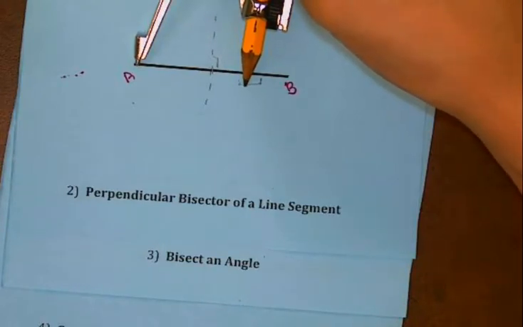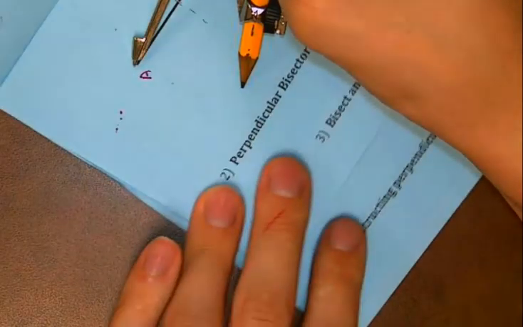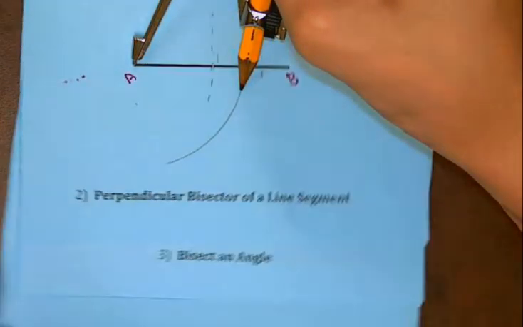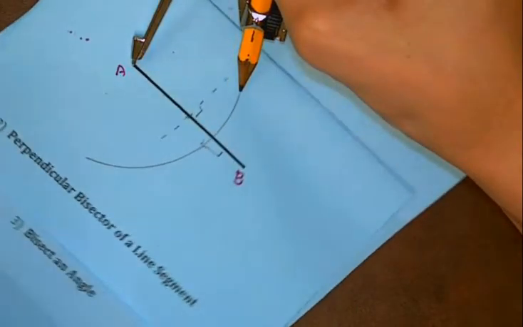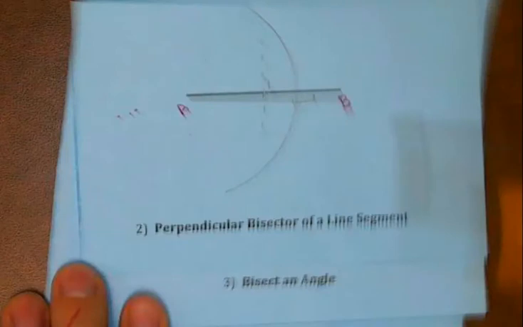And what you're going to do, with your metal part on A, is draw a semicircle. So you're going to start down here, and I just like rotating the paper. Well, then spin it.